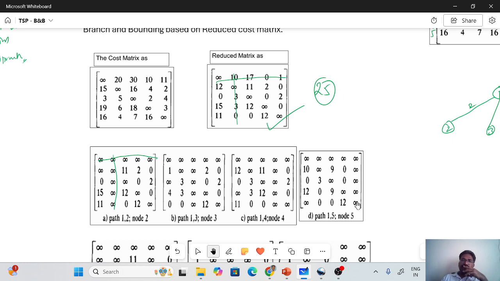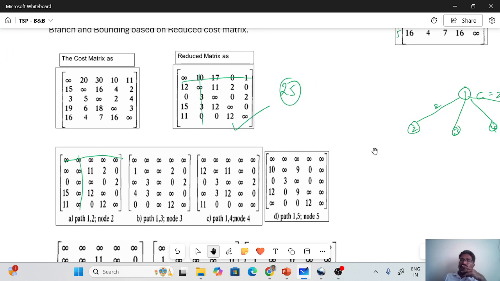Along with that, what is our path? 1 to 2. In my cost matrix, what is the 1 to 2 cost? 12. I consider 12 plus the previous cost reduction. What is that cost reduction? 25 plus.